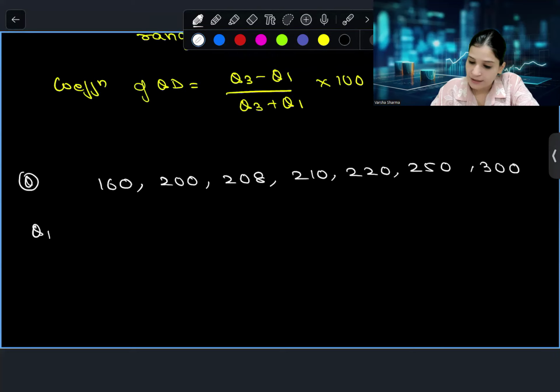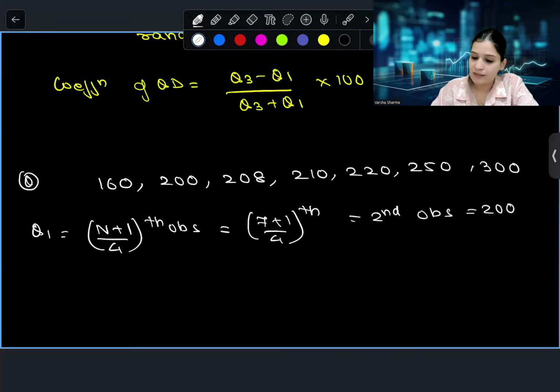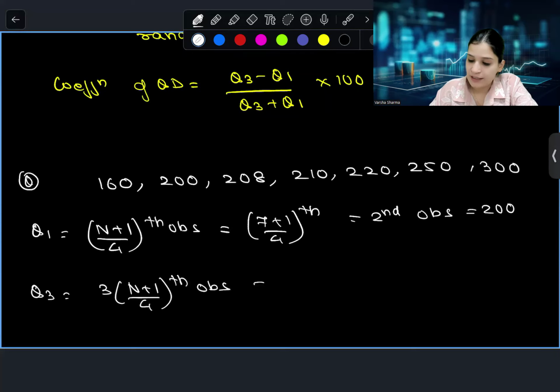Q1 is the n plus 1 by 4th observation. The number of observations is 7, so 7 plus 1 by 4, that is the second observation, which is 200. Q3 is the 3 times n plus 1 by 4th observation, that is the sixth observation, which is 250.